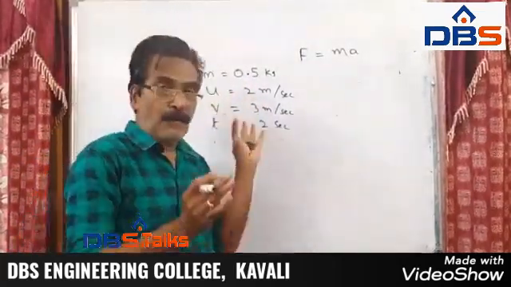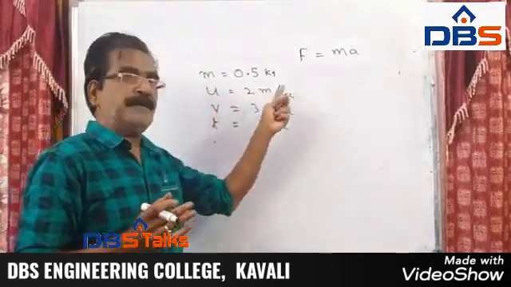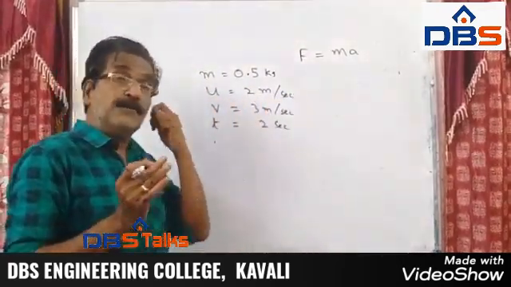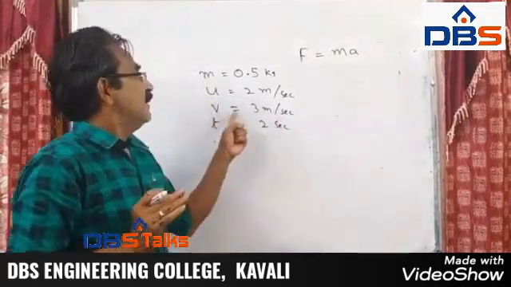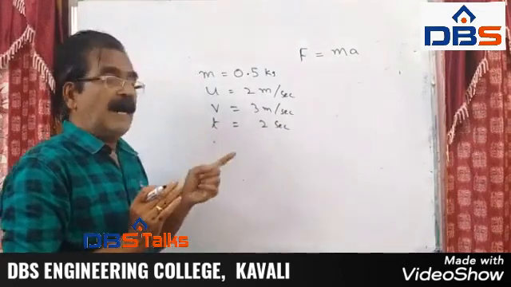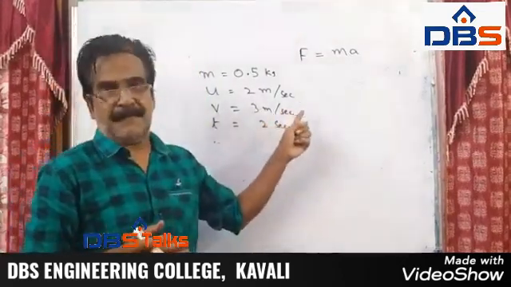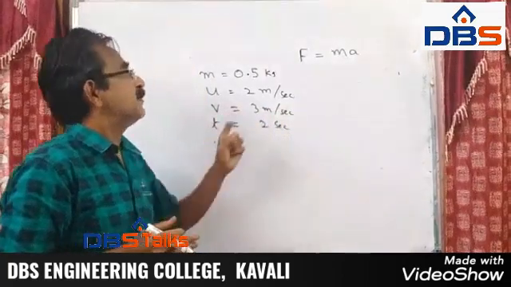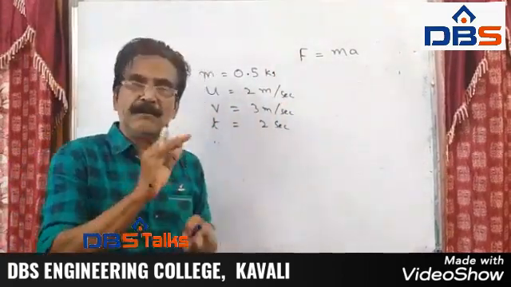See, initially the ball is moving at a speed of 2 meters per second, and we have applied some force for 2 seconds. After applying force, the velocity of the ball becomes 3 meters per second. So what quantum of force might have been applied?